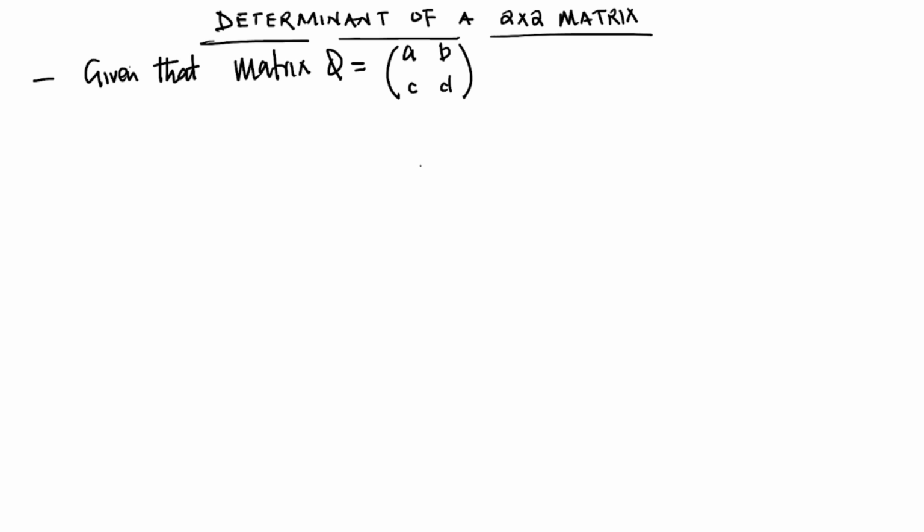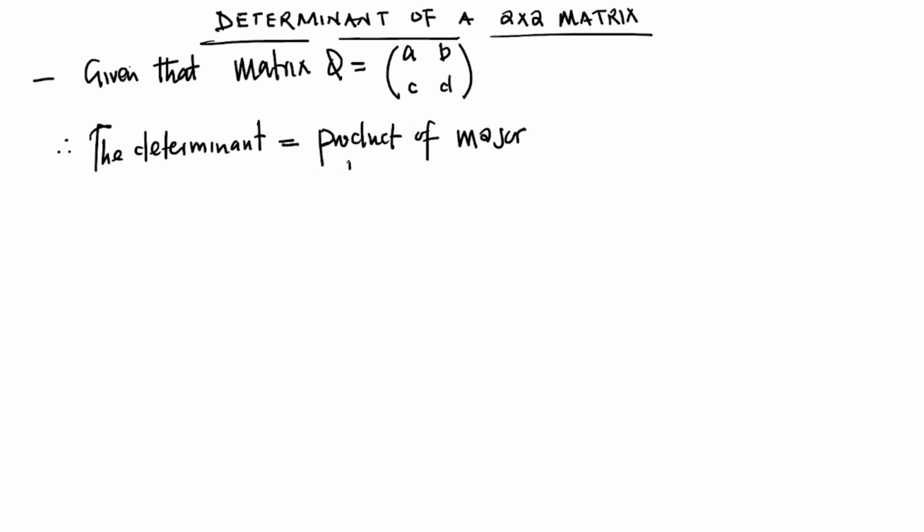These are elements that are given for matrix Q, which is A, B, C, and D. Then the determinant of this matrix can be calculated as the product of the major diagonal minus the product of the minor diagonal.